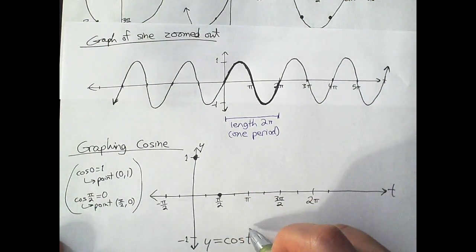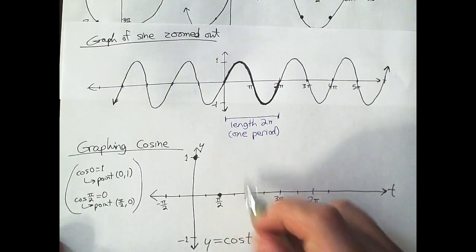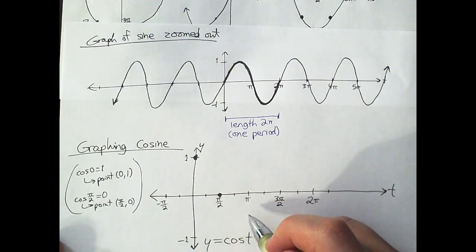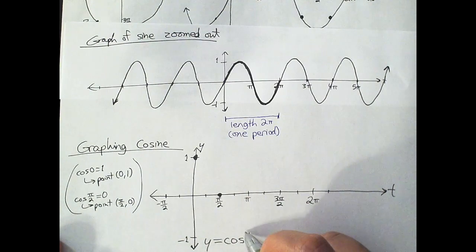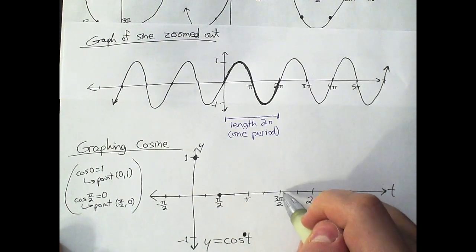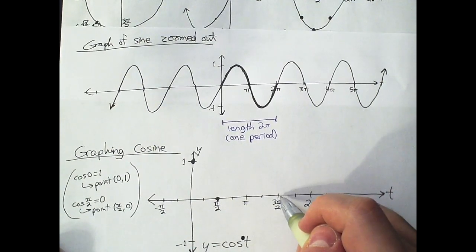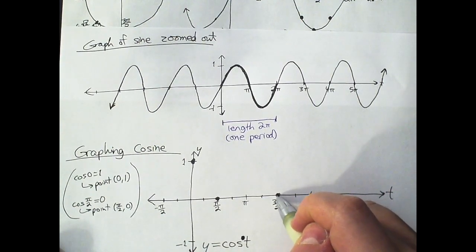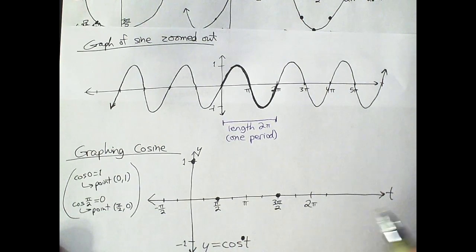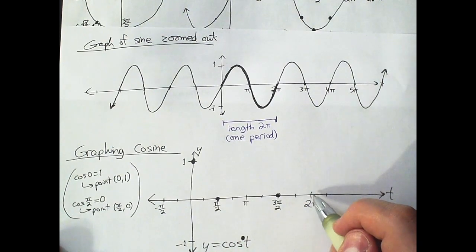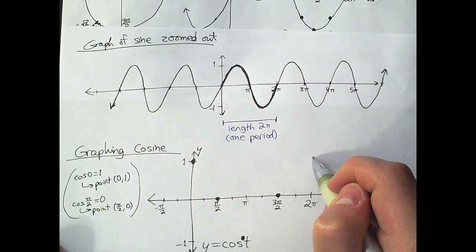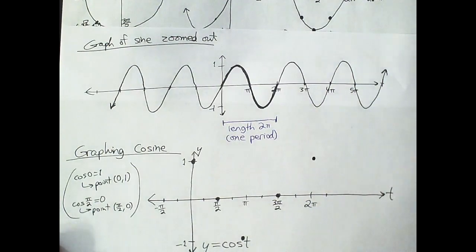What is cosine of pi? Cosine of pi seems to be -1. So down here. Cosine of 3 pi over 2 seems like it is 0, because that's the x-coordinate of that terminal point. Cosine of 2 pi seems to be 1, because that's the x-coordinate of the terminal point.